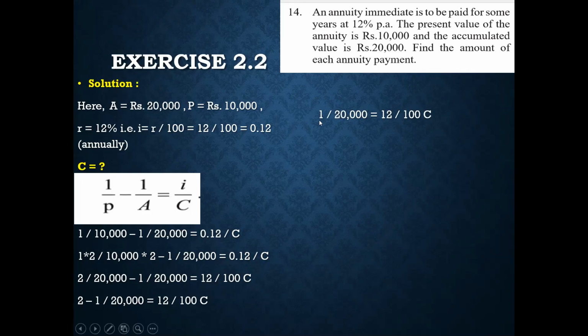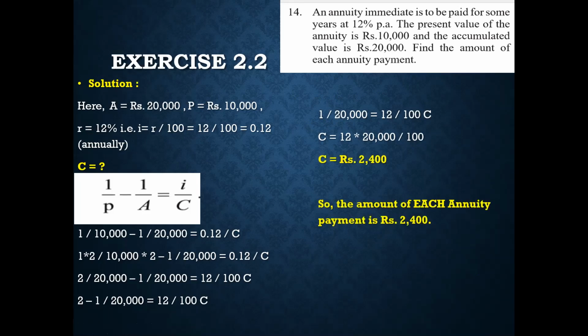So 2 minus 1 gives you 1 by 20,000 is equal to 12 by 100C. So C is equal to 12 into 20,000 divided by 100. So you get the answer to be 2,400. So the amount of each annuity payment is rupees 2,400.